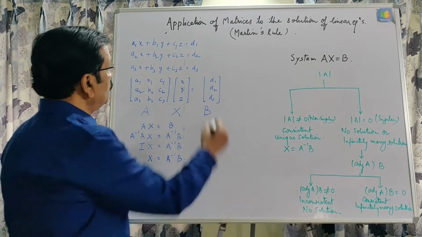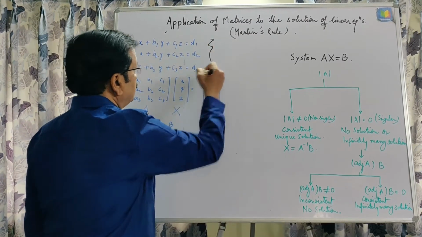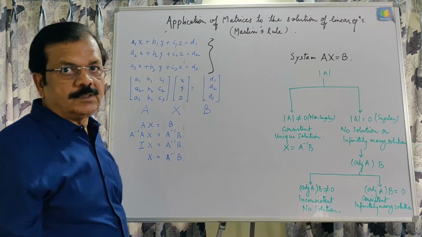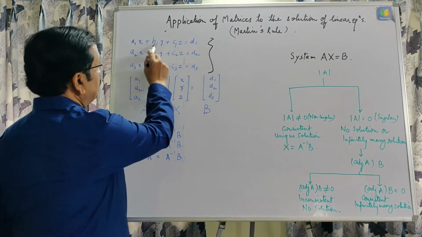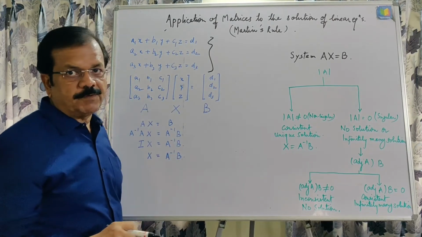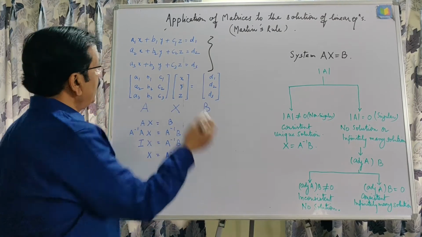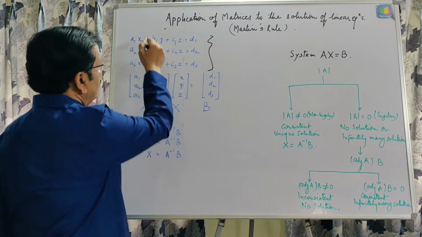Suppose we are given 3 equations, that is a1x plus b1y plus c1z is equal to d1, which is a constant, and in the same way the other two.